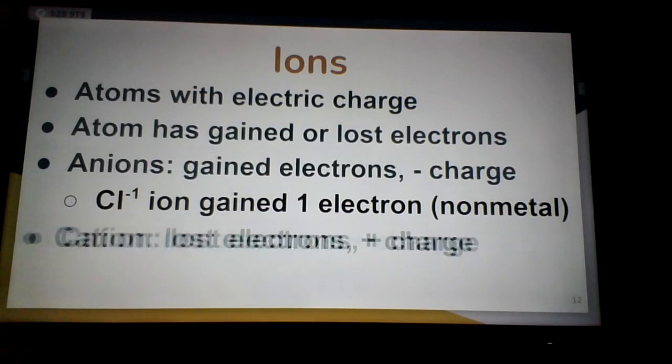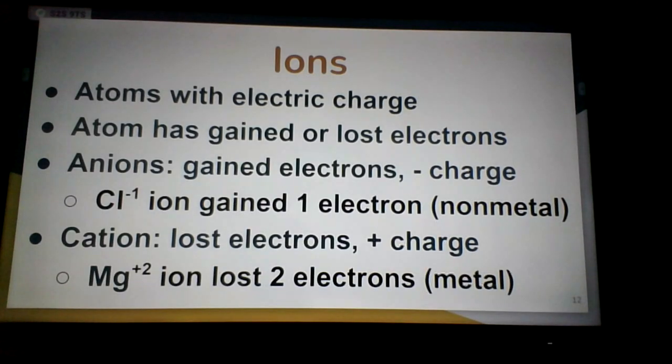Here's a metal that will give away electrons, coming up right here. The magnesium. A cation is an atom that has lost electrons. Metals will do that. Metals are to the left of the staircase, so there are many metals. Most of the elements are actually metals. A cation is a metal that has lost electrons. Magnesium will give away 2 of its electrons.